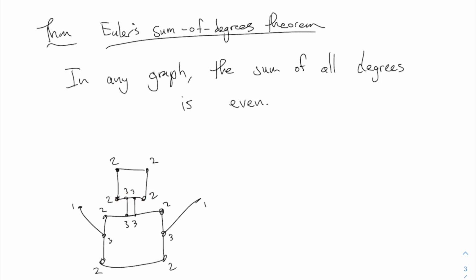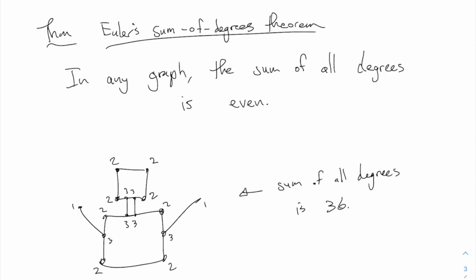I'm going to get 10 here, 12, 14 from the head part, and then another 10 is 24, 28, 32, 34. I believe you get 36 if you add all the degrees here. So the sum of all degrees in this example is 36, and that's even, and that's not a coincidence.